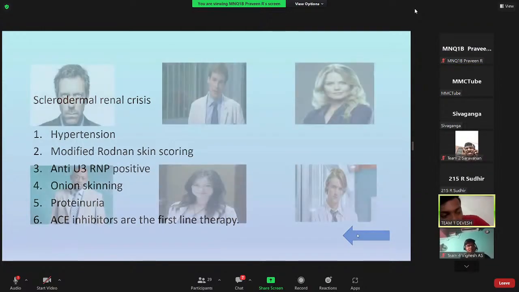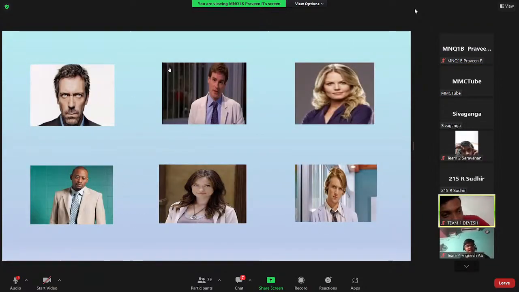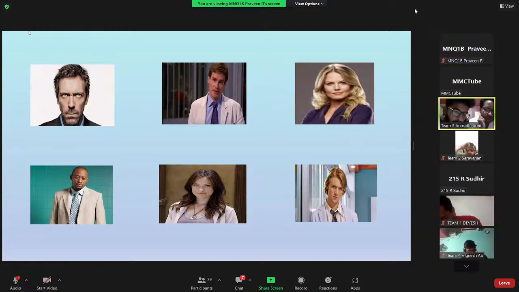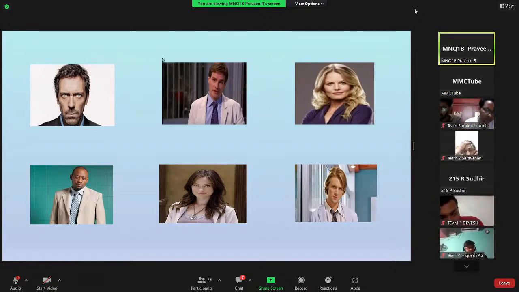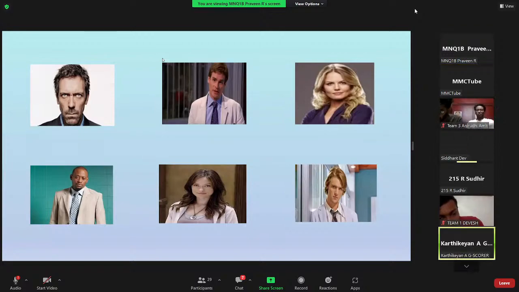Have they given the correct answer? You gave your answer as systemic sclerosis. Okay, we'll consider. We are considering systemic sclerosis, right? Yes, it is considered.